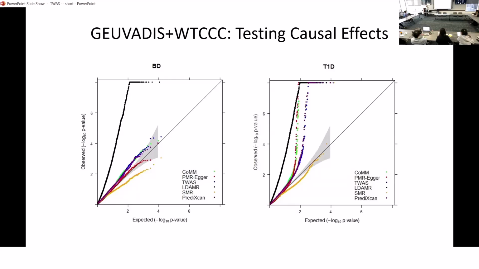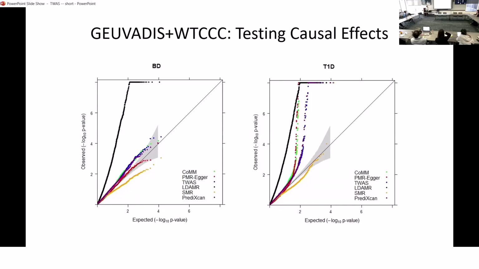So with a 5,000 sample size, you don't really expect to see anything. Therefore, the bipolar disease serves as your null. On the other hand, T1D, type 1 diabetes, is an autoimmune disease. It has very strong signals, even in the WTCCC data. So that gives you sort of an alternative trait. So you can treat the left as a null, the right as the alternative.